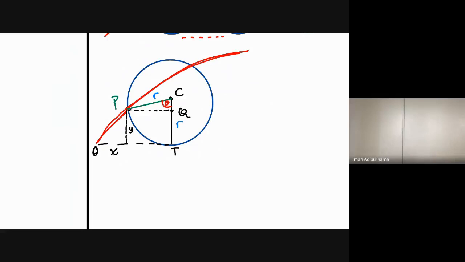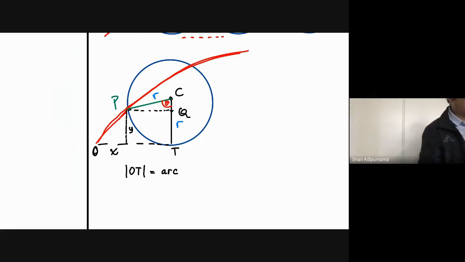So I can write that the distance of OT is equal to the arc of PT. You get the logic. So what is the arc? You can get the arc from the ratio of the angle. The angle for this one is this theta over the whole circle.